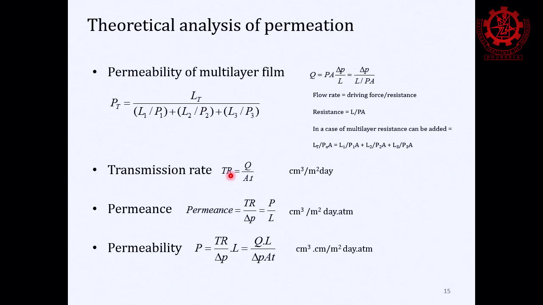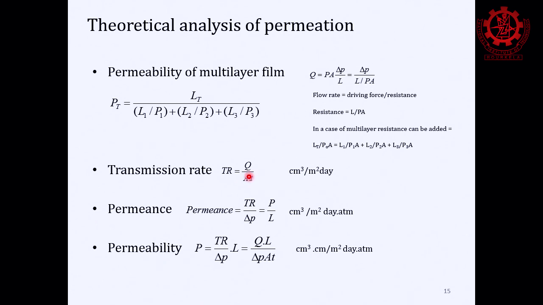So in terms of other terminology for the permeation, sometimes we say transmission rate, and transmission rate is Q over AT. Q is the amount of gas being permeated per unit time divided by surface area. So this is Q, the total gas, cubic centimeter, A is surface area, and T is time.